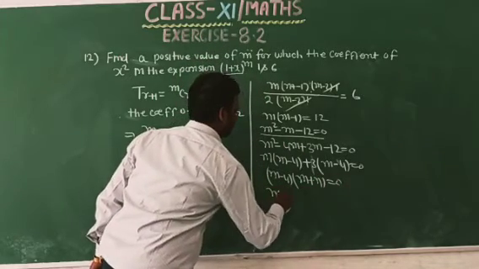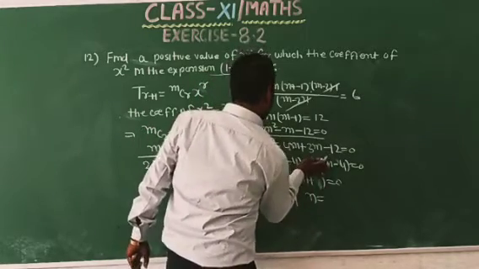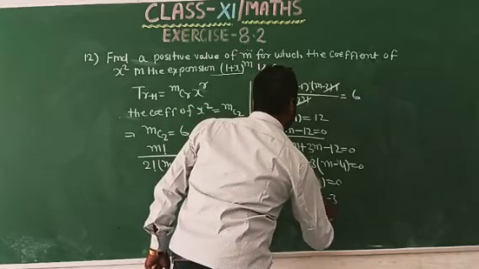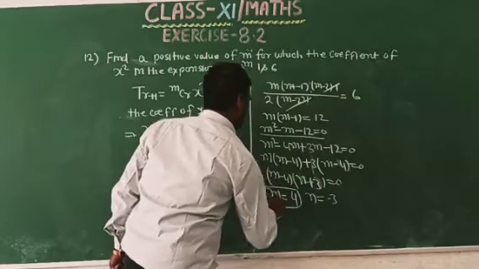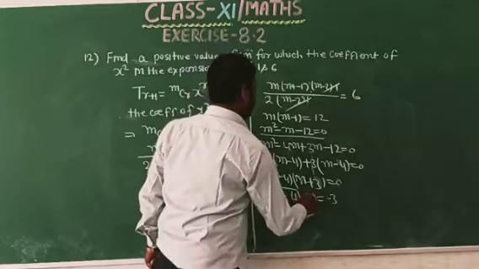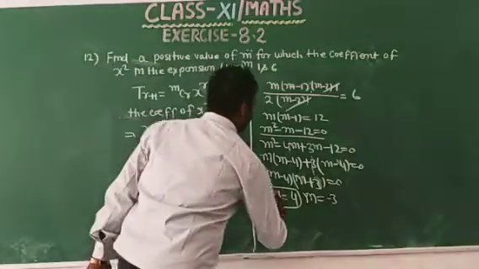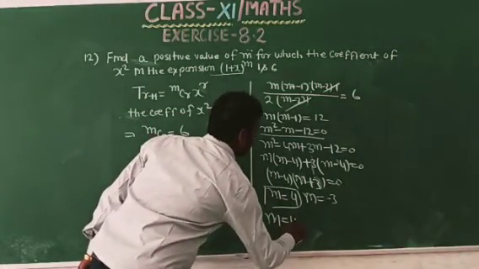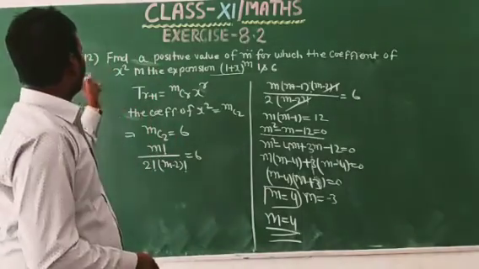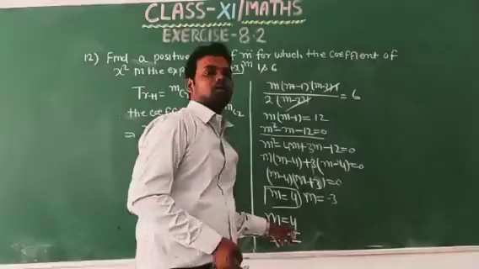So here the value of m is plus 4 and m is minus 3. So the value of m which is positive is m equal to 4. So this is the solution of question number 12. We found a positive value of m which is equal to 4.